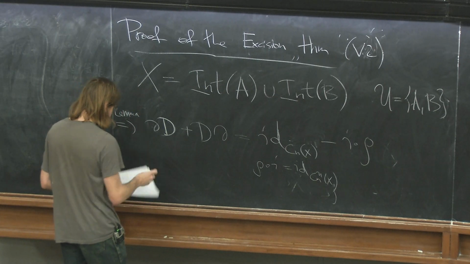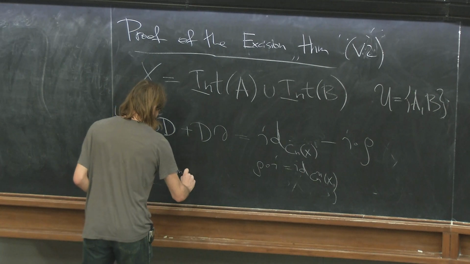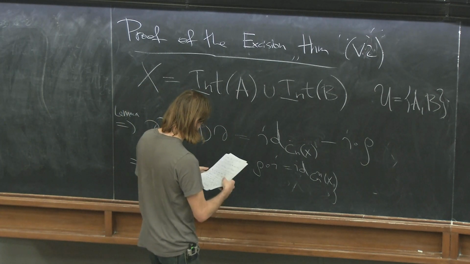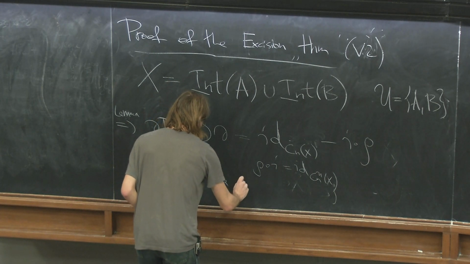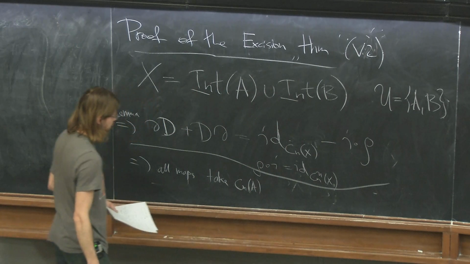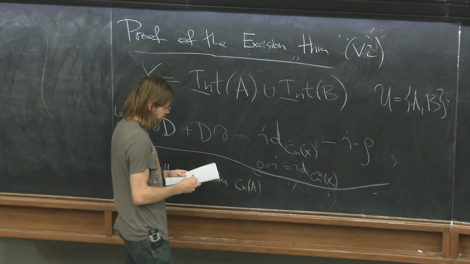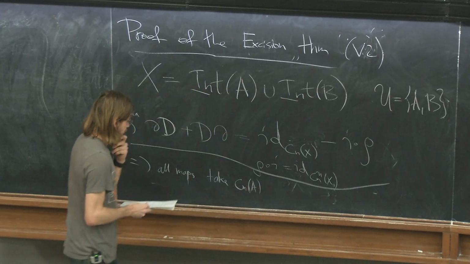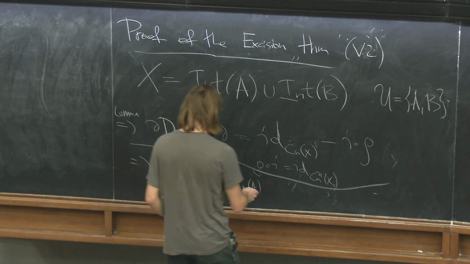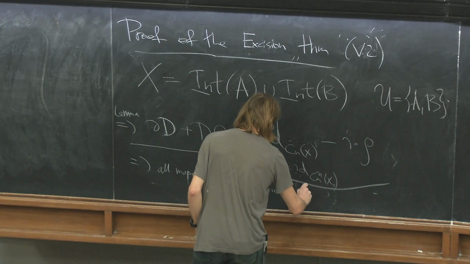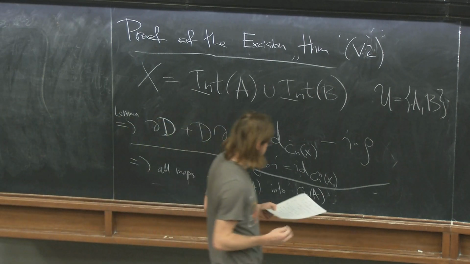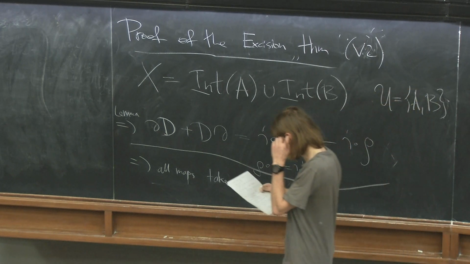And this means that all these maps, as usual, if you consider a singular simplex with image in some subspace A, it will necessarily be taken to some combination of singular simplices also with image contained in A. So they take the subgroup Cn of A into Cn of A by construction, which again, I didn't spell out how this construction is, but I roughly described it.